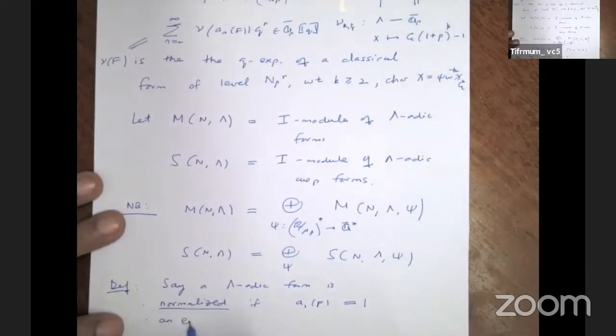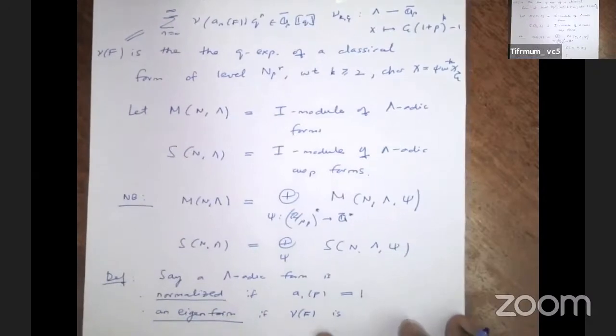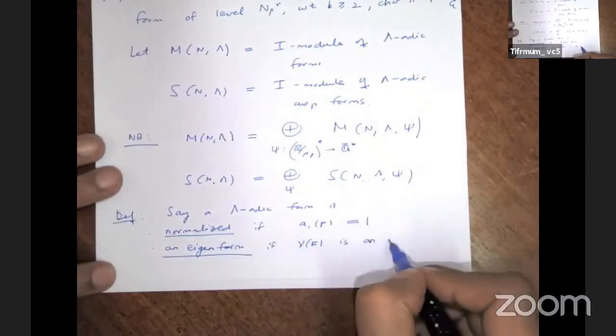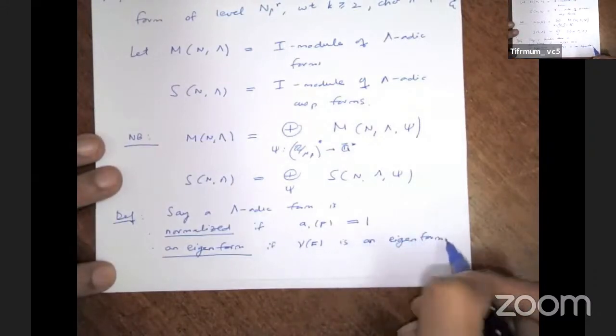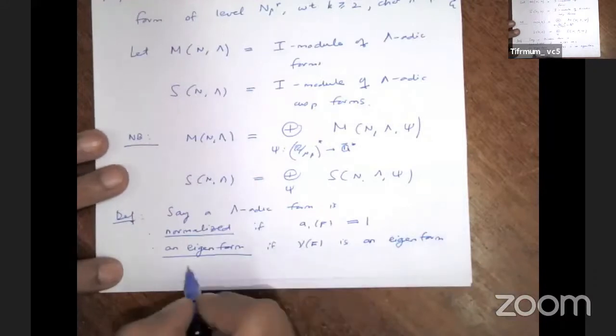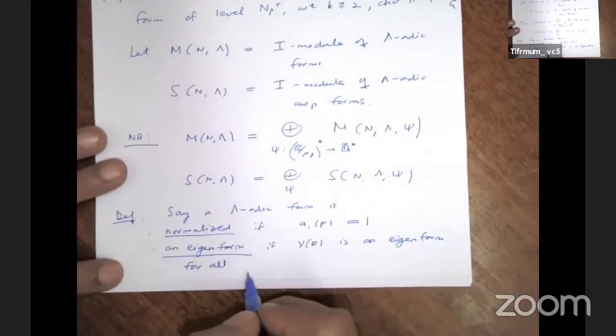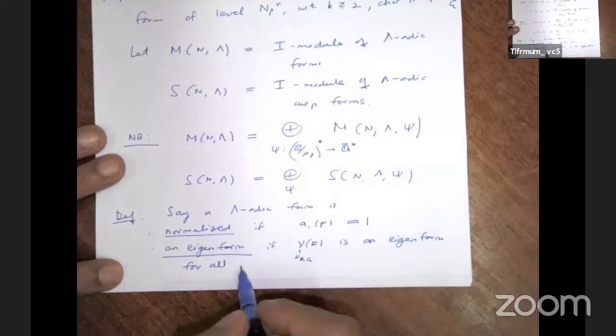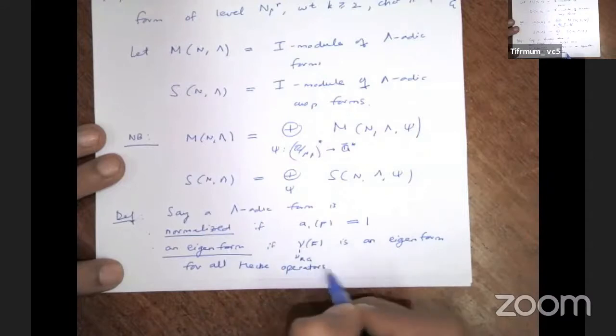Is an eigenform? Well, you can guess what that is. If nu of f is an eigenform for all Hecke operators, for all nu lying over k zeta, for all Hecke operators T_n.